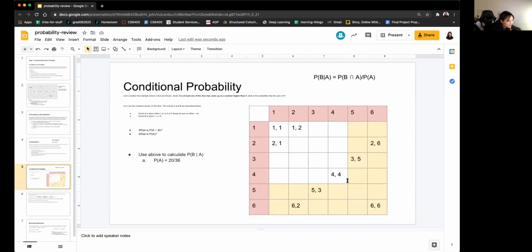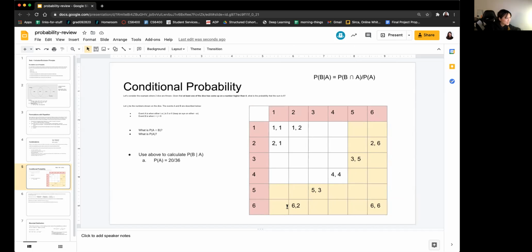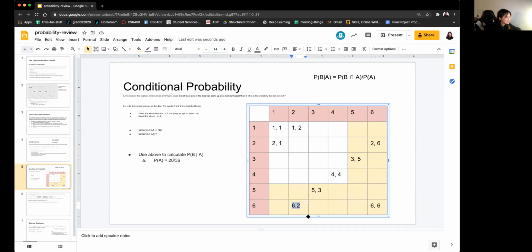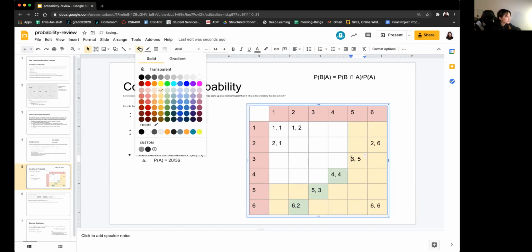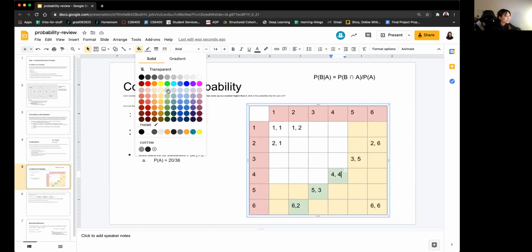All right, so the ones that will give you 8 are these 5, but we want to look for A intersect B. So if B is the green squares, I'm going to make these green real quick. Or actually, you know what? I got an idea.